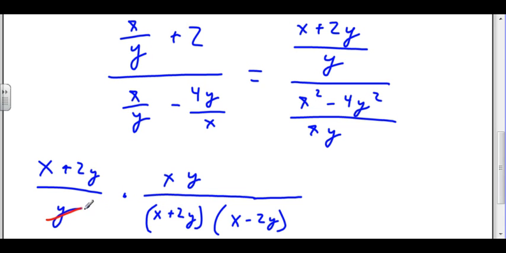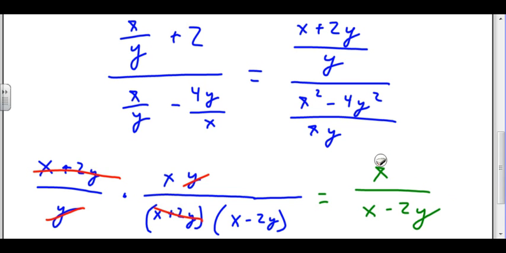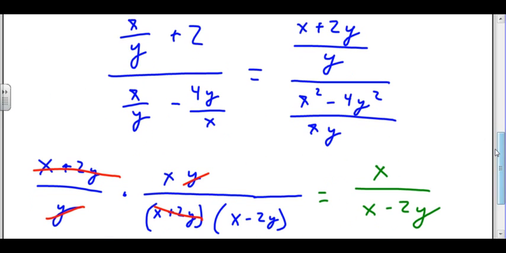Now we can't do this crossing out stuff unless we have a red pen, right? So we'll do that. And what we got left over is an x divided by x minus 2y. I think we better, it is kind of interesting. Okay, that's number 20. I guess 23 is next. Looks that way, doesn't it? Number 23.